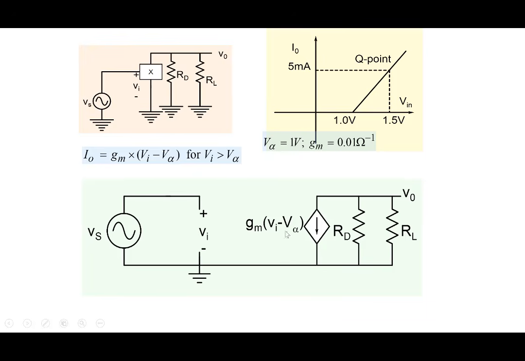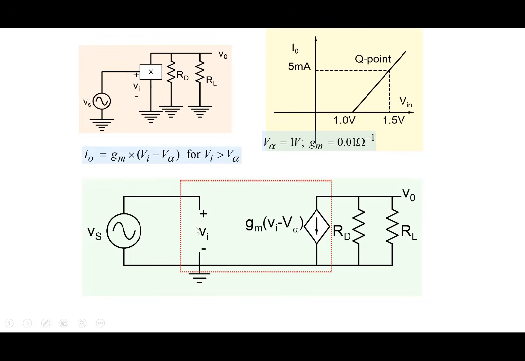Right? So the current I naught is a function of V in. I naught is gm (Vi minus V alpha), for Vi greater than V alpha. So we can describe it as a dependent current source here, gm (Vi minus V alpha). And of course, there's an RD and there's an RL here. So that's the circuit that we need to solve here.